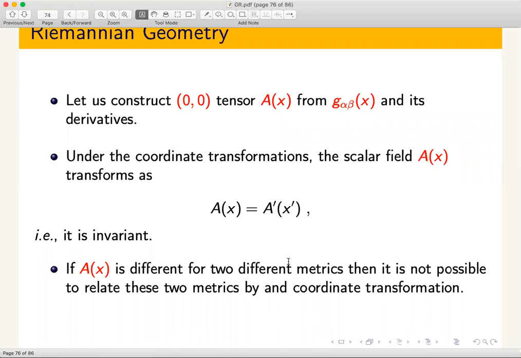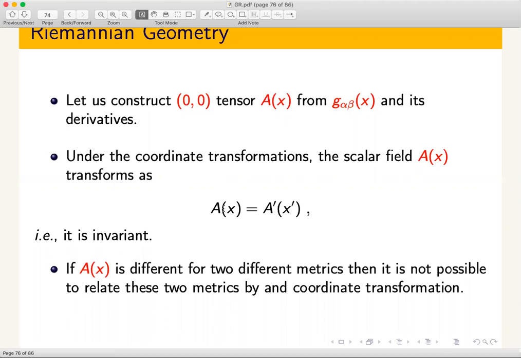If you find this quantity A of x to take one value for one metric and another value for a different metric, then there is no way you can find a coordinate transformation which would relate geometry A with geometry B. There is no coordinate transformation which relates G mu nu A to G mu nu B if this invariant takes different values for these two geometries.